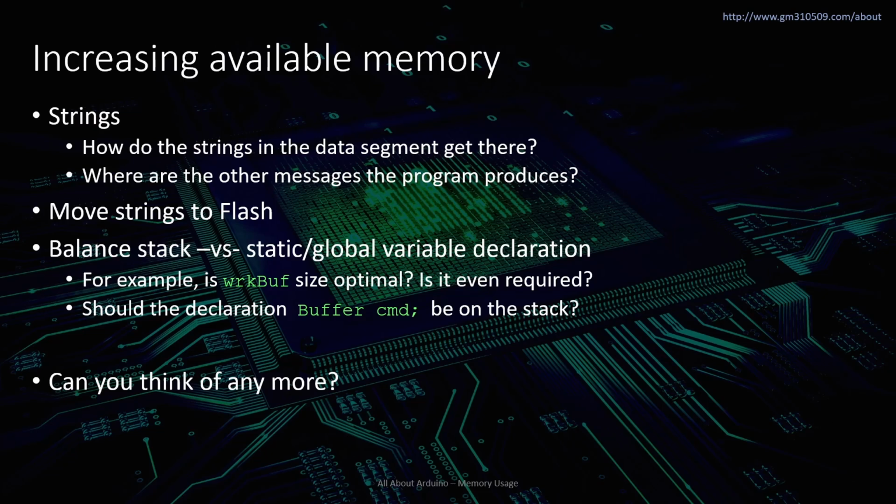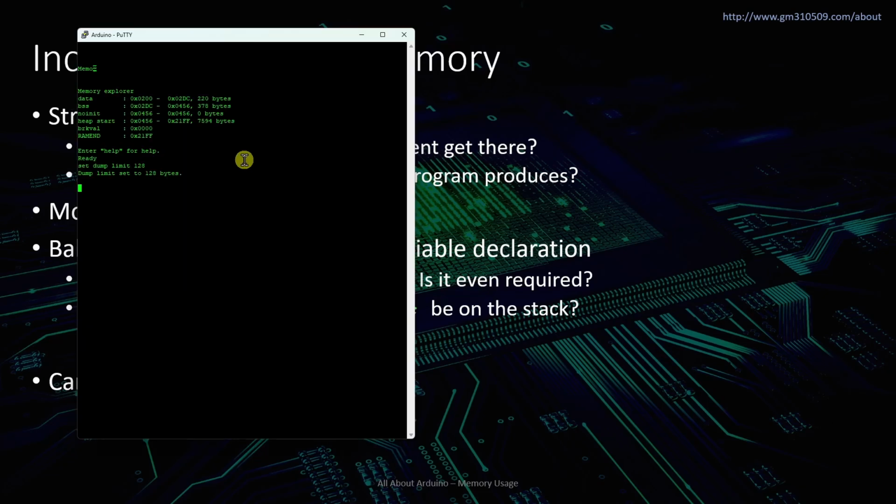and repose this question. Okay, so I set the dump limit to 128. And remember, this has got the first set of tests in it, which I haven't bothered to update. It's the little initial demonstration where it dumps the memory segments through.